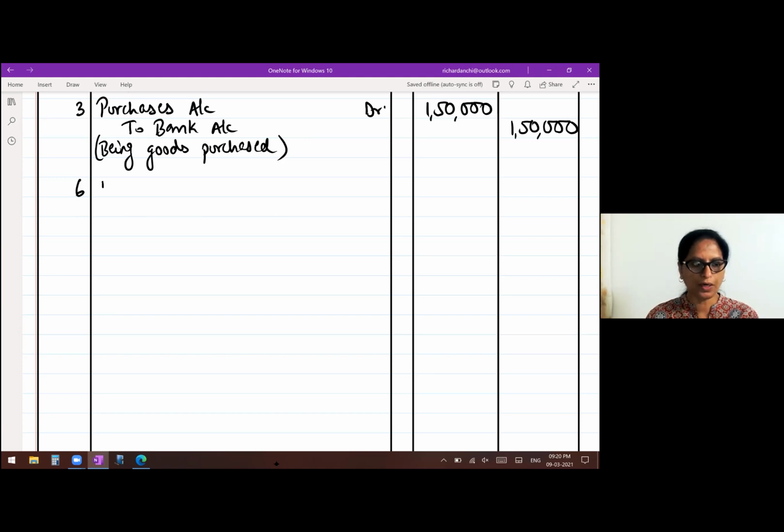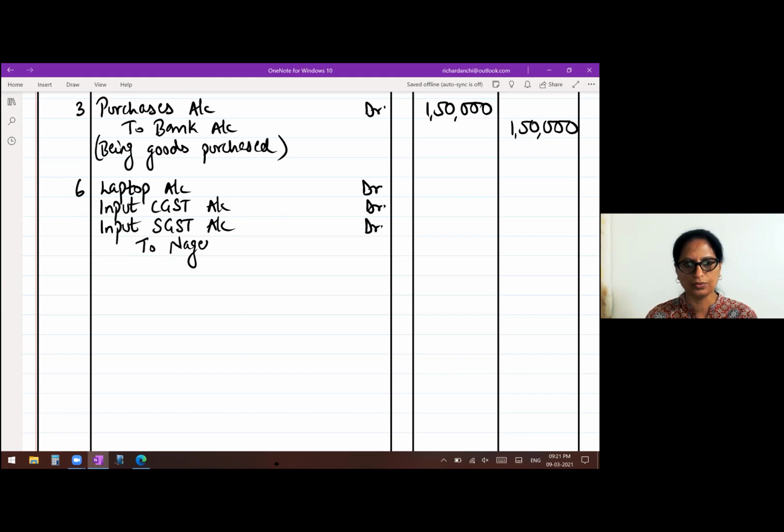So laptop account debit. Input CGST account debit. Input SGST account debit. Now this is on credit because they have not said it is paid. So it will be to Nagesh and Company account.